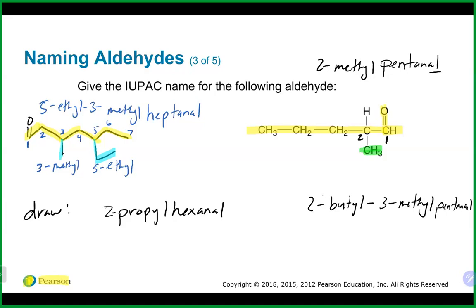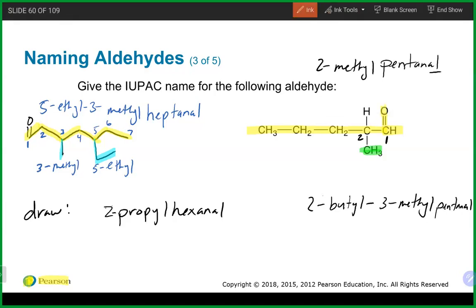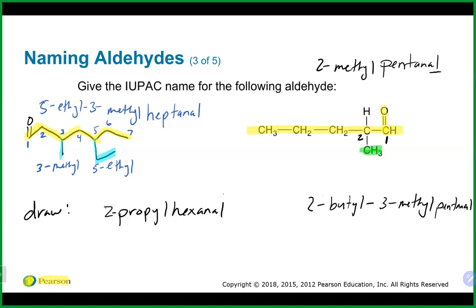All right, then we're going to do some drawing here. And as we've talked about previously, we always want to work backwards here. So al tells us it's an aldehyde group, and hexanal is basically 6 carbons. So that's going to go with the 6 carbons to start with. 1, 2, 3, 4, 5, and 6.